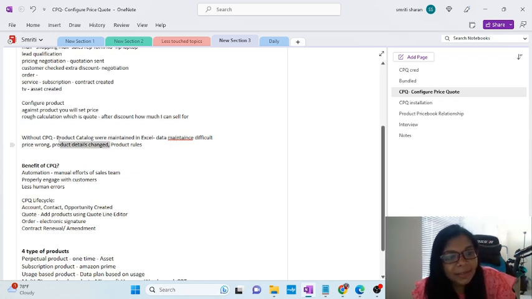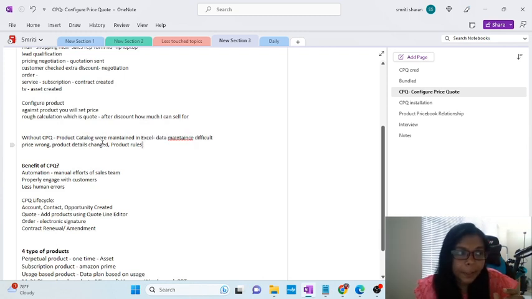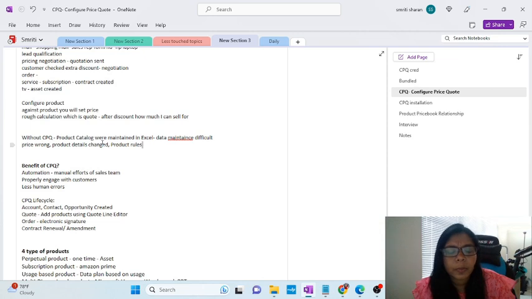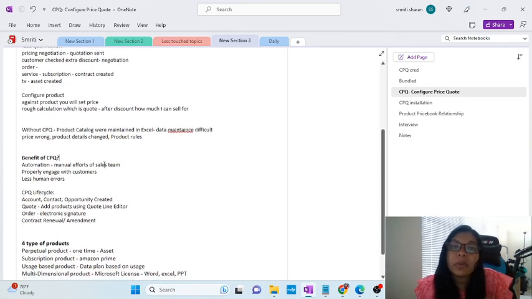The product details themselves can also change, so you have to change them. Then there are product rules, which we will see in detail. For a particular product, based on certain rules, we want a certain price or something of that sort. Maintaining all these things in Excel is very difficult. That's why CPQ is needed.